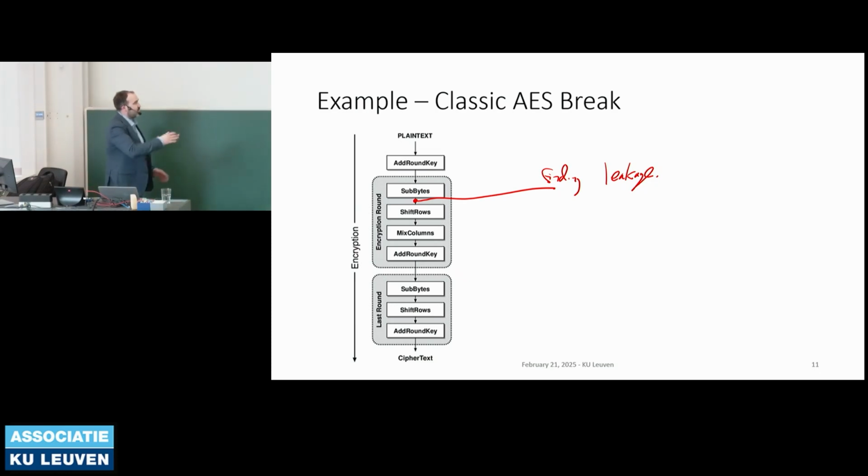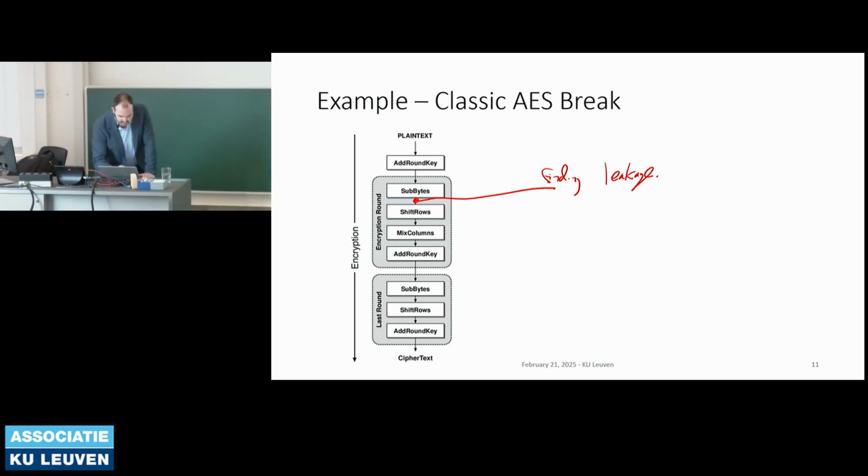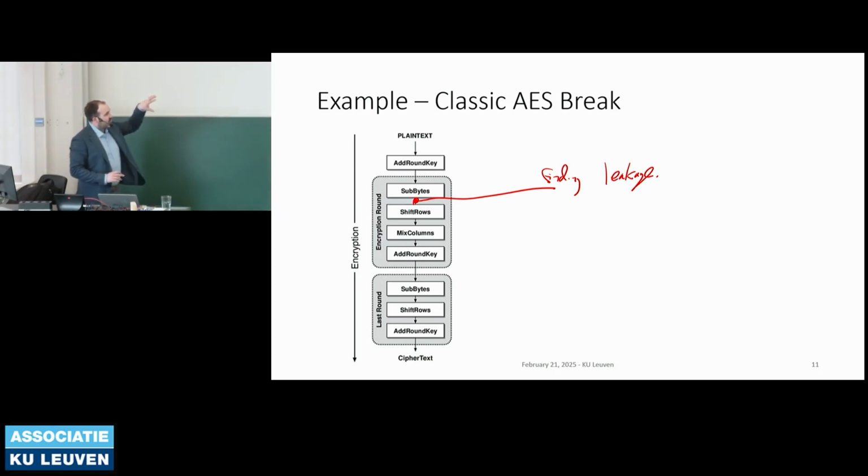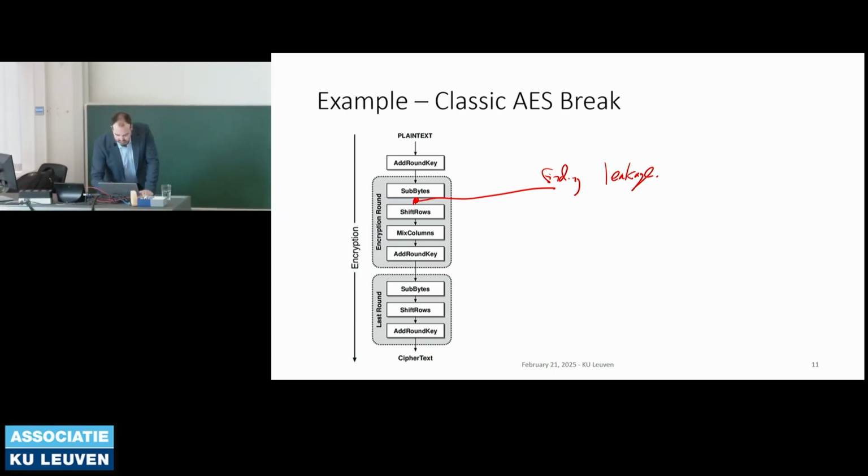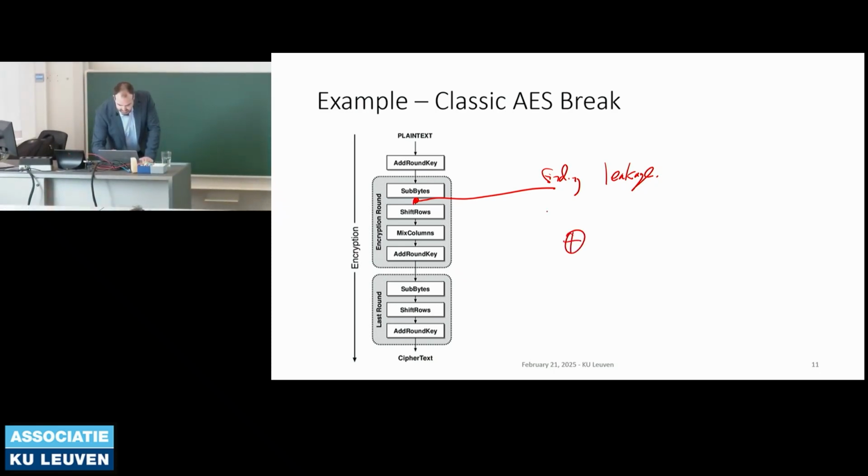How this works is we're basically going to be taking this very simple model, or knowledge of how AES works, which effectively means it's adding in a key to our input, and it puts it through the S-box here.